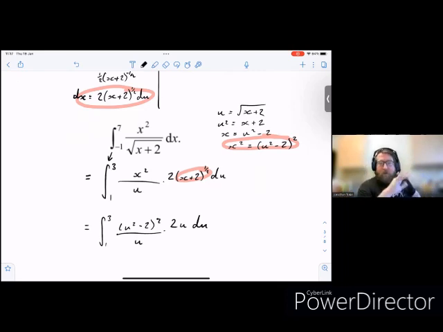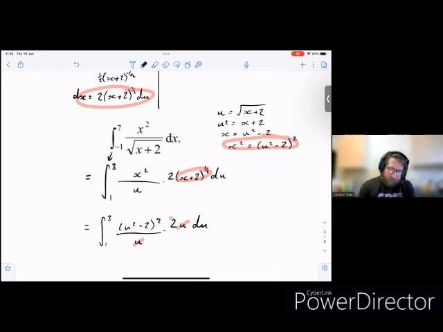And what we're looking for when we do the substitution with these sort of fractions, we want to go from an expression that's got a fraction on the bottom with more than one term in it to a fraction where it's the top of the fraction that has more than one term in it, because we can split those fractions up. Here, actually, we can just cancel the u's there.